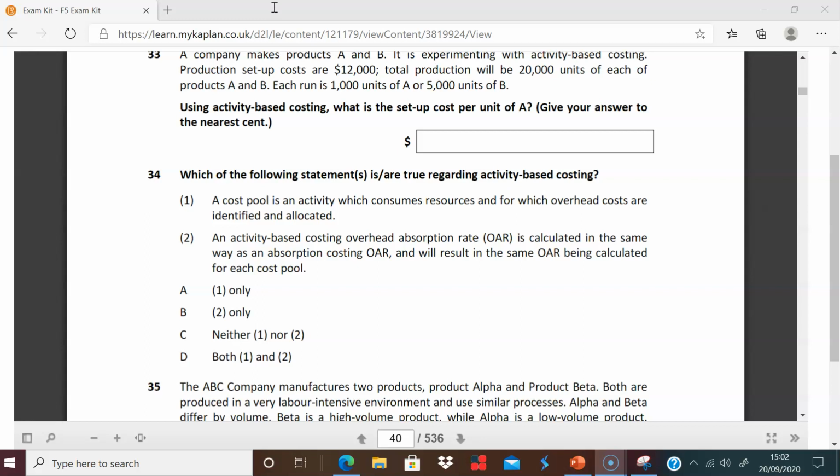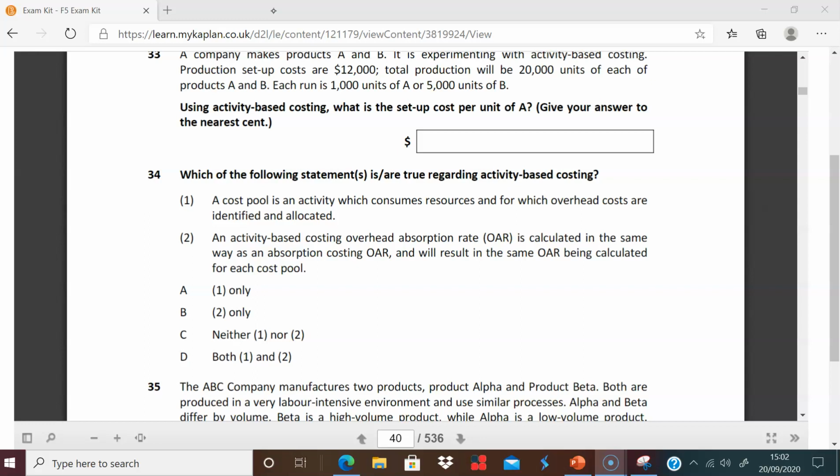So a cost pool really is a way of putting together similar activities that consume resources. But we can identify similar overhead costs or similar cost drivers that drive that pool of costs.